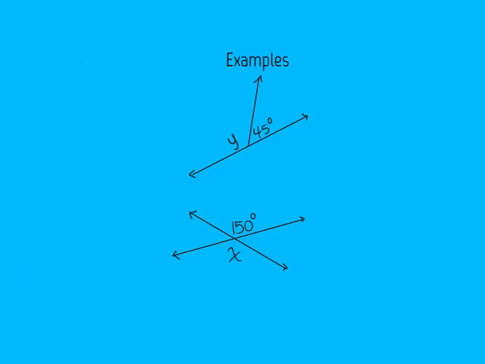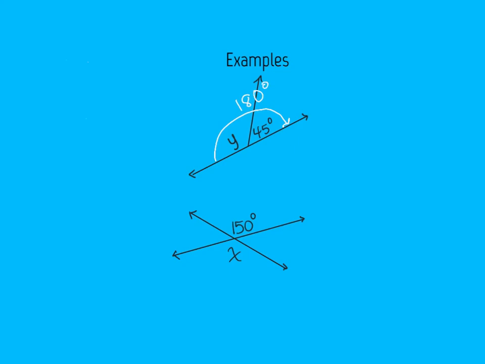All right, so we're going to do a few more examples, and so we'll start here with this one on top. We need to figure out what the missing angle measure is, and you'll know which one I'm asking for because I put a letter there. So this first example, we kind of saw one like this on the other page. So angle Y and angle 45 are adjacent, and they form a straight line, which means that is 180 degrees total.